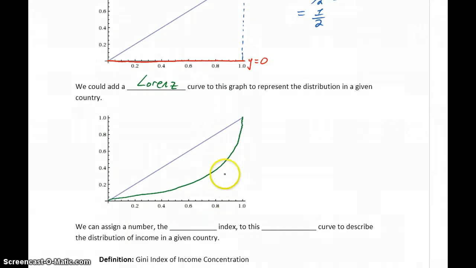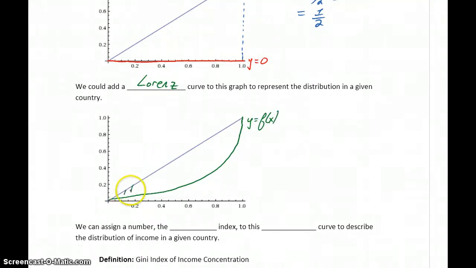As we get to the top percentage of households, that's where most of the earning is happening. Most of the wealth in a country is owned by the top whatever percent. And people lower on the x-axis are making a smaller percentage of the total income for that country. So this would be some function y equals f of x.